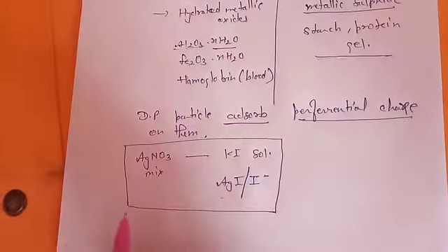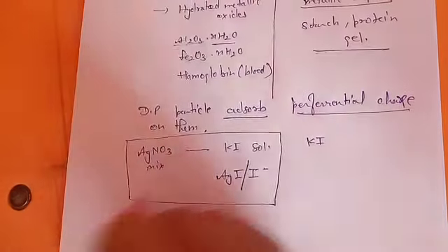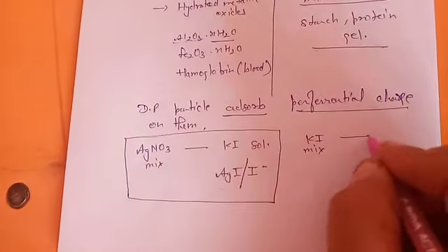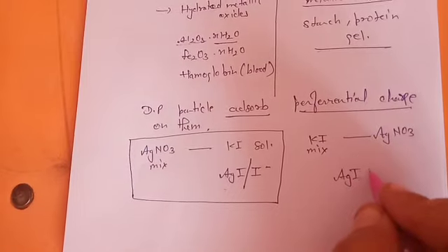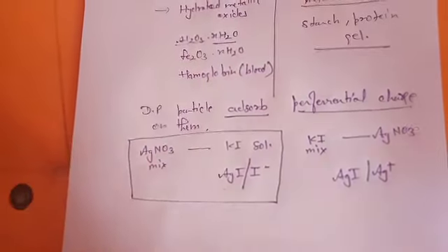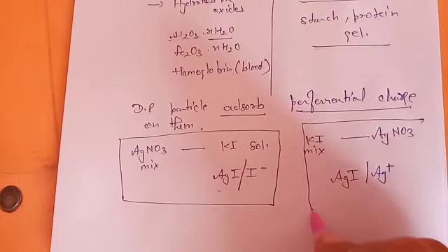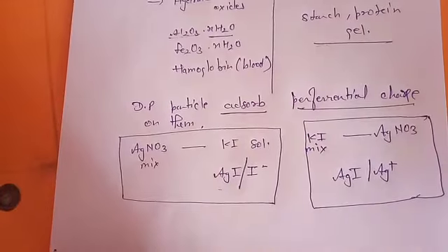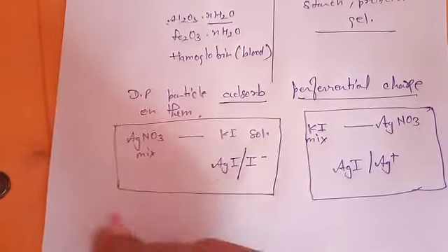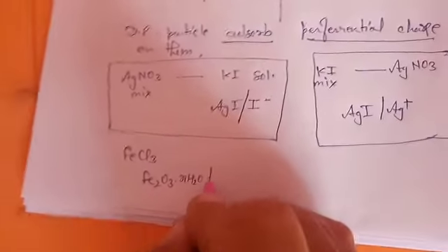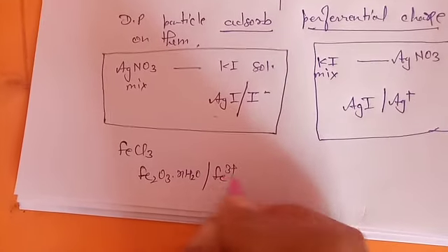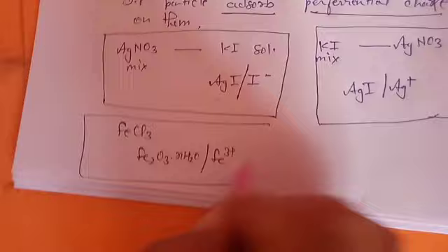But if you do the reverse, mixing potassium iodide into silver nitrate, at this time the silver iodide particle adsorbs silver ions from the dispersion medium and hence results in a positively charged sol. The same happens with FeCl3: when you add FeCl3 in water, it forms its oxide and adsorbs Fe3+ ions, resulting in positive charge.